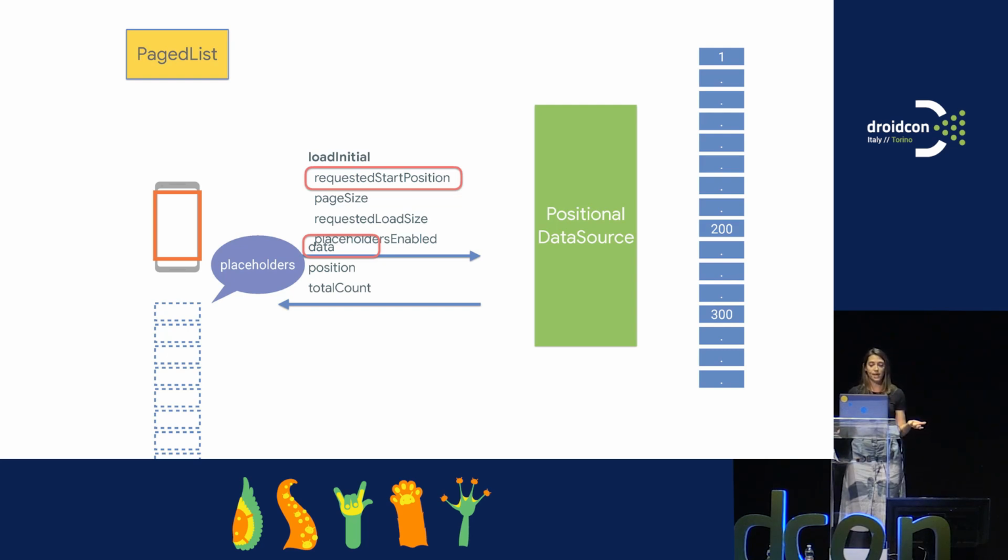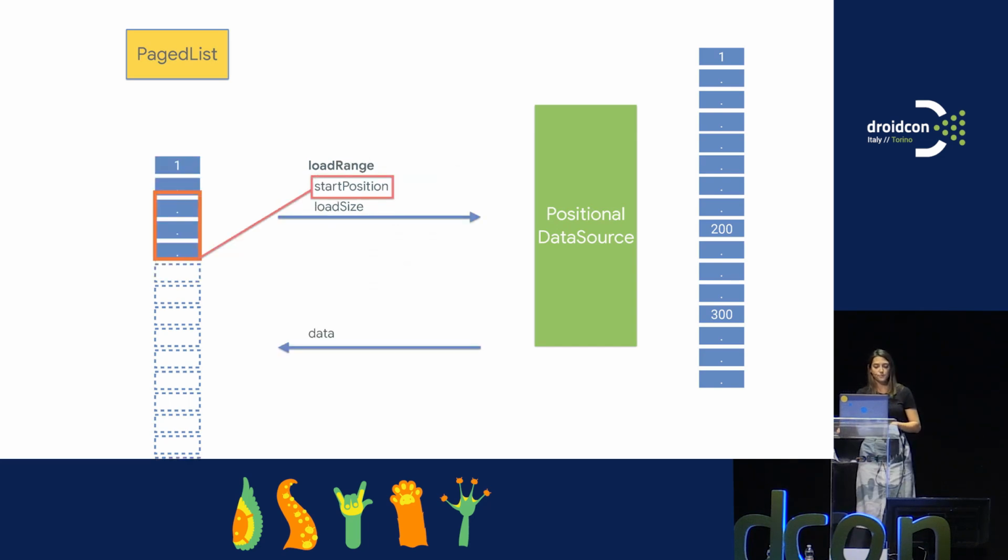We're setting the page size, what is the load size, and whether the placeholders are enabled or not. So let's say that we are enabling the placeholders. The response that we get back is the data, the position, but also the total item count, because we have the placeholders.